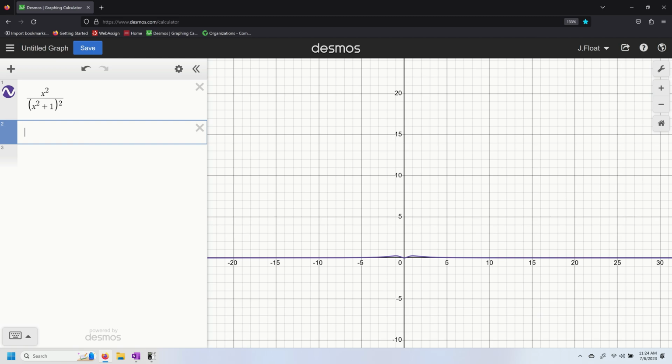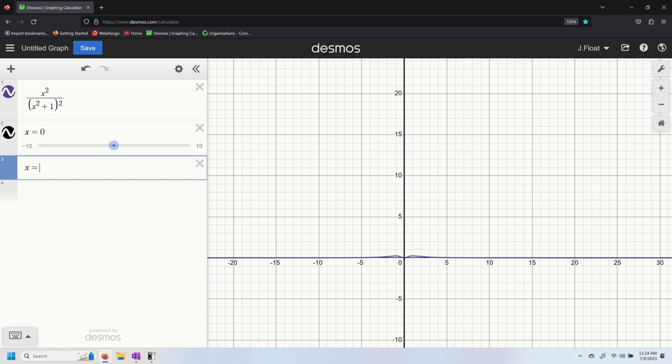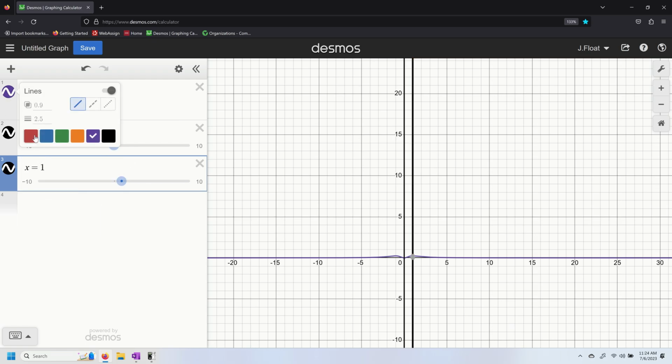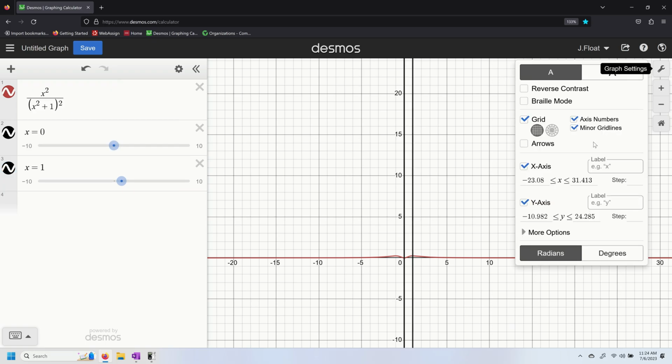All right, so let's do x equals 0, x equals 1. All right, I'm going to make these the same color, and I'm going to use red for that, and let's go ahead and really zoom in on this.